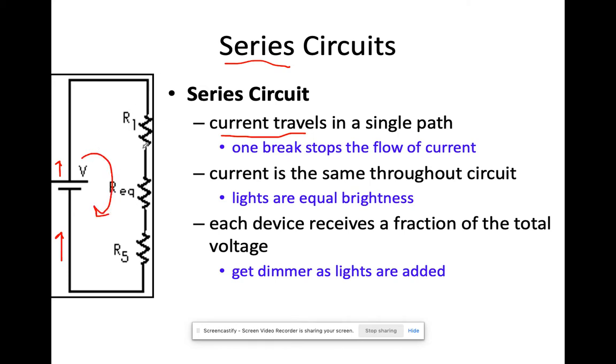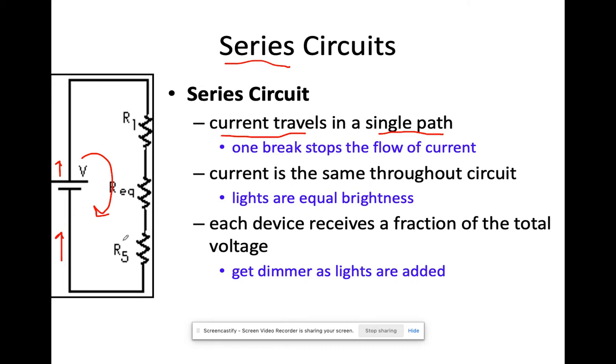Now we have three resistors here. If we go back to the water analogy, on this river you have to go through each one of these resistors. You have to jump each one of these. So we say that the current can only travel through a single path. If there was a break in the river, if one of these resistors would pop, because a resistor could be a light bulb, then the whole thing is going to go out because the river would basically be dammed up and stop moving.